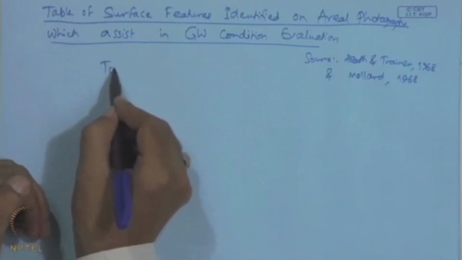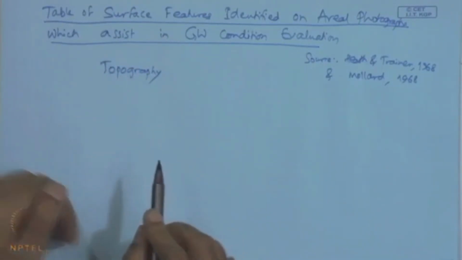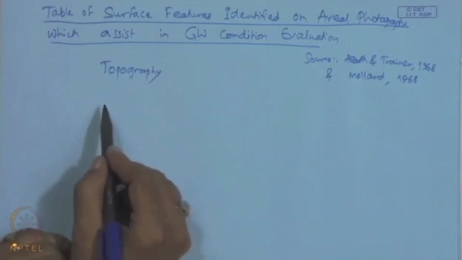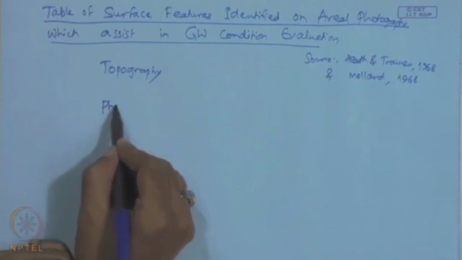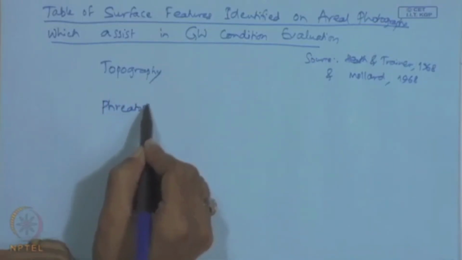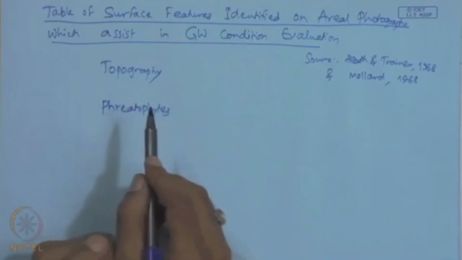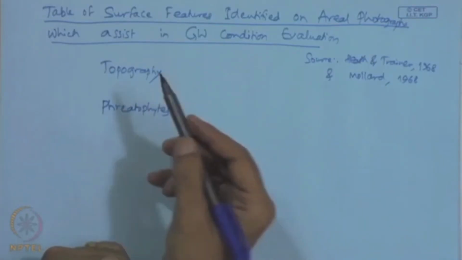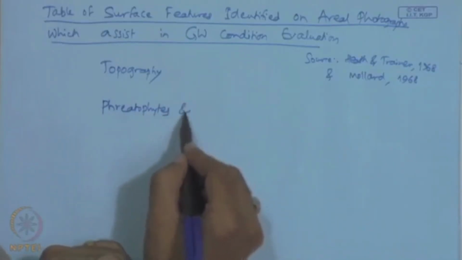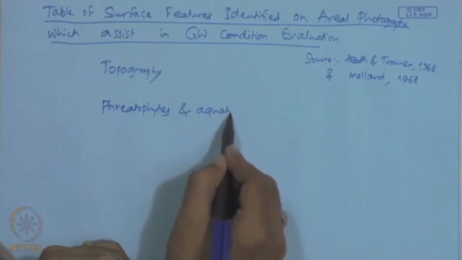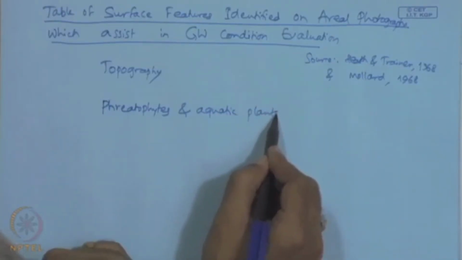So firstly there will be details of topography, and there will be details of phreatophytes. Basically they are the plants on the ground surface or even the water surface, and aquatic plants.